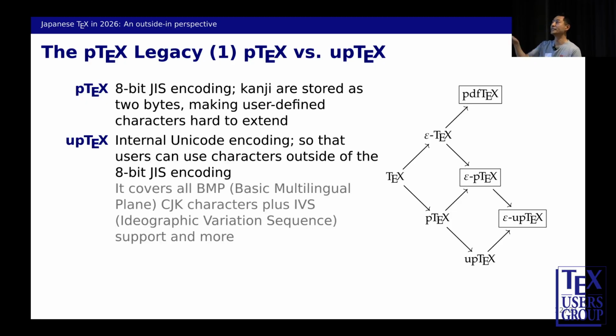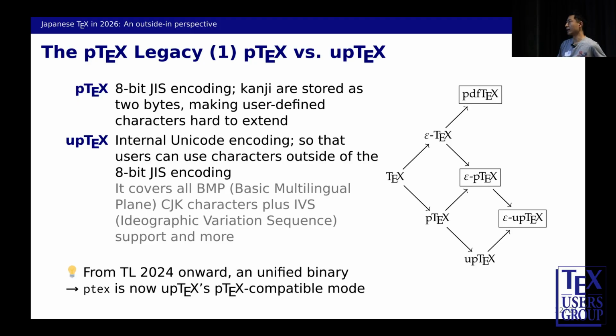So we have already transferred to Unicode, of course. So we also have another type of pTeX, which fully supports Unicode. So we have these two types of different implementation. But to be precise, from TeX Live 2024 onward, the binary is unified, but they have different modes to be compatible with the old pTeX specification.